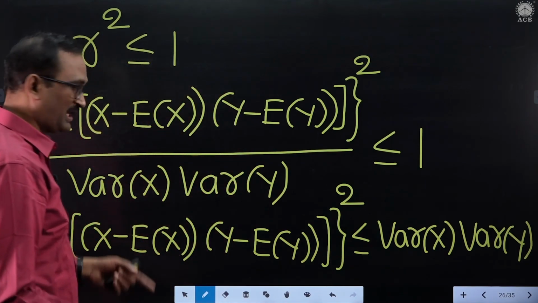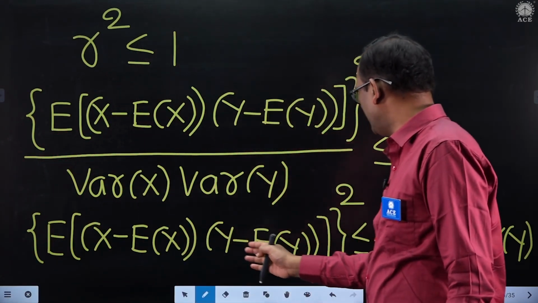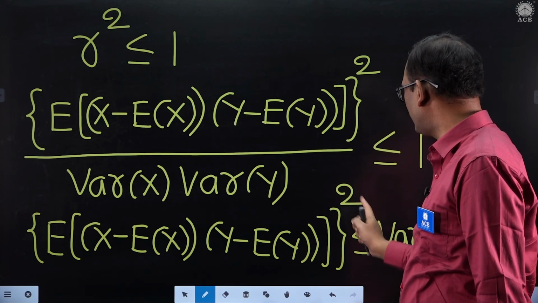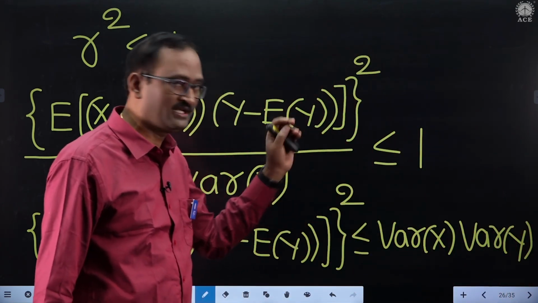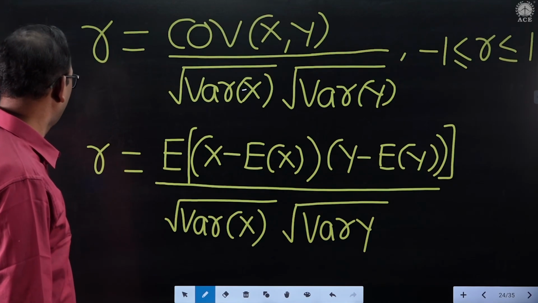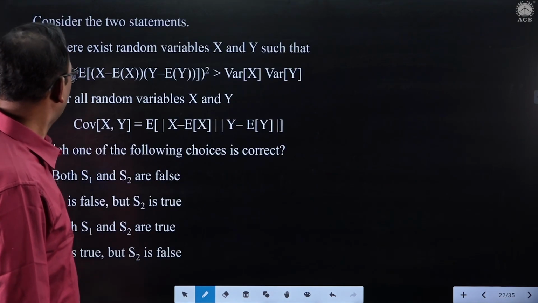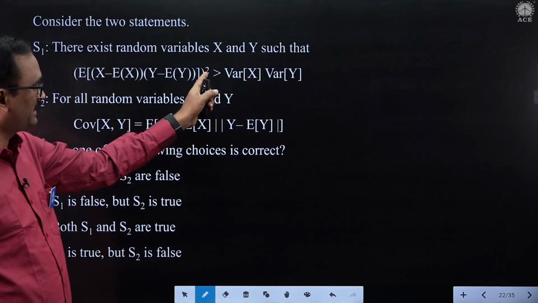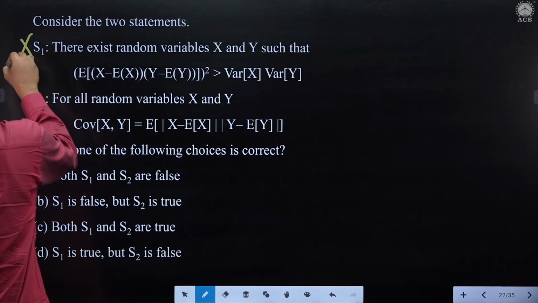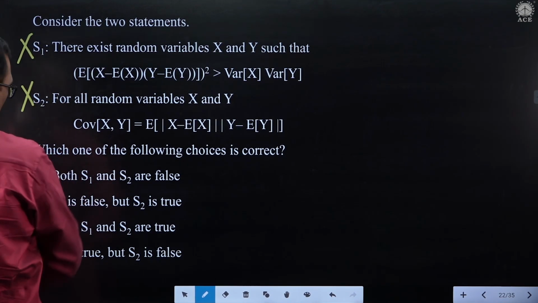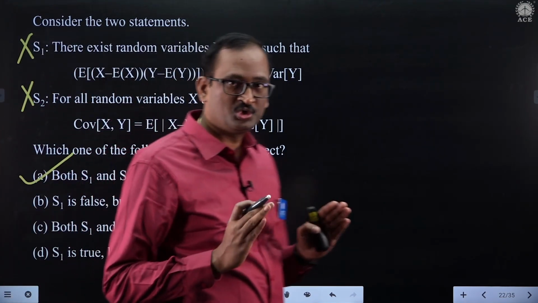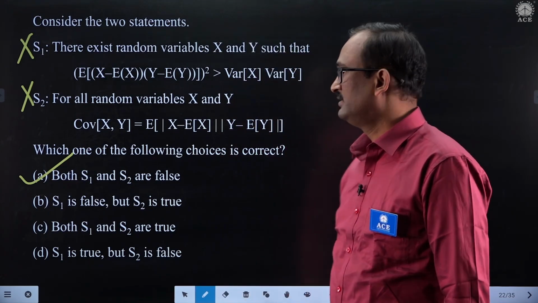Now you observe, in statement 1 it was given that expected value of (x minus E of x)(y minus E of y) whole square is greater than variance of x into variance of y. Please verify. In statement number 1 it was given to be greater than, but we got less than or equal to. Therefore statement 1 is wrong, and statement 2 as well is wrong. So S1 is false and S2 is false, so option A is correct: both S1 and S2 are false. Thank you, students.